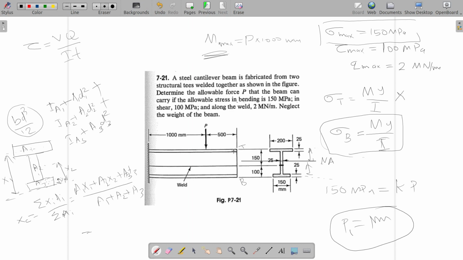Shear force is 0 on the right side of P, and shear force is P on the left side of P, left side of point of action of P. So V is equal to P, and I is again the same, we have already calculated it. T value depends on the point which we are considering, and you also have Q.